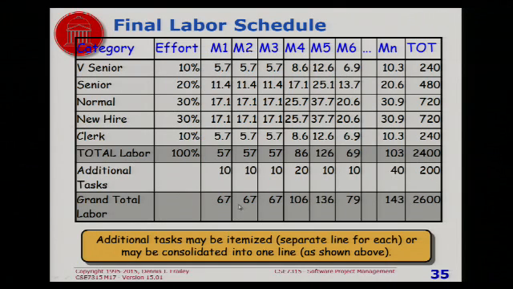And again, the total here should tell you how many hours. You notice the total labor here is exactly the same as it was on the effort schedule. Here you've added in additional things that weren't represented in the effort schedule. And this is just how many hours of labor or how many days of labor or whatever are going to be spent each month and what the total is. And then this is where they're going to be spent in terms of the kinds of people you're spending it on.